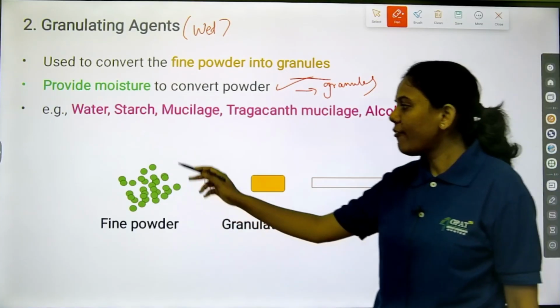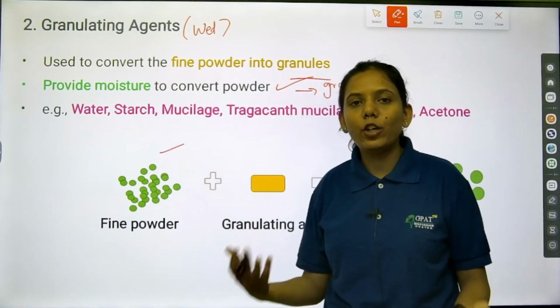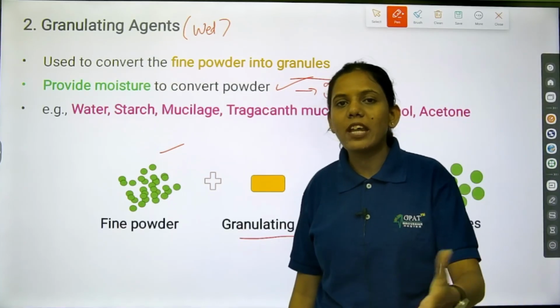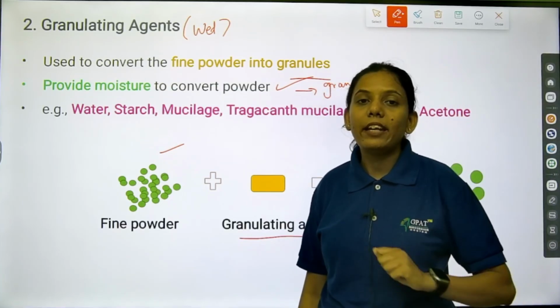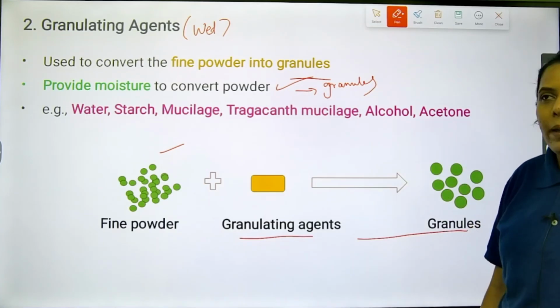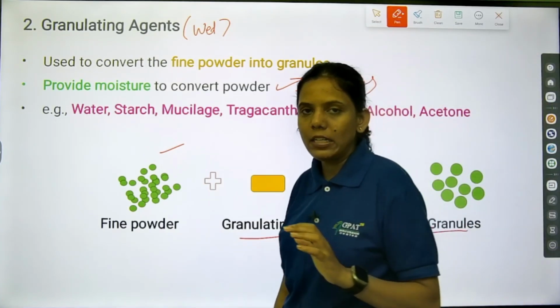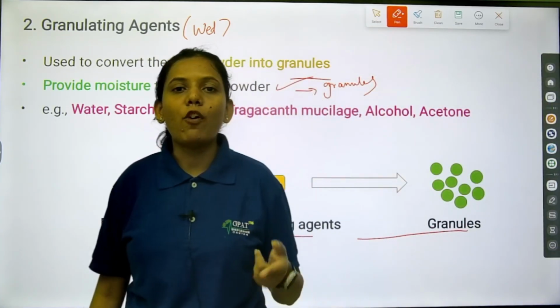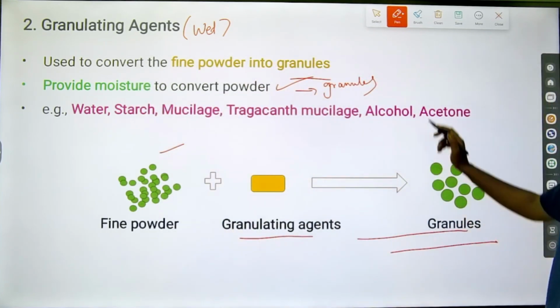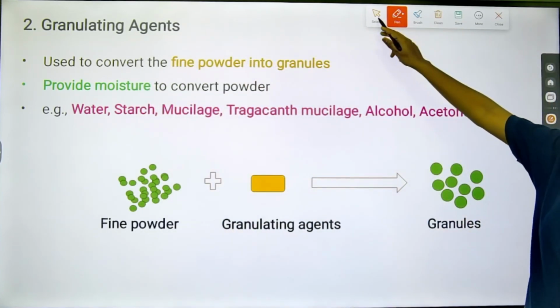This is the fine powder which does not have good flow property. You take the granulating agent in terms of starch paste or something, such that it will form bigger granules, maybe an aggregate of 3-4 particles of the powder forming one granule. That is the granulating agent which forms the granules.